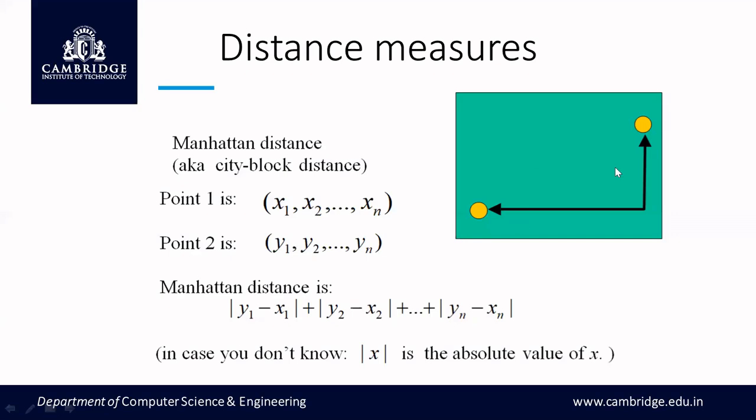Whatever magnitude you get after subtraction is called Manhattan distance. So Manhattan distance can be used if you want to find the block distance between the points. If you want the actual distance, then we'll use Euclidean distance.